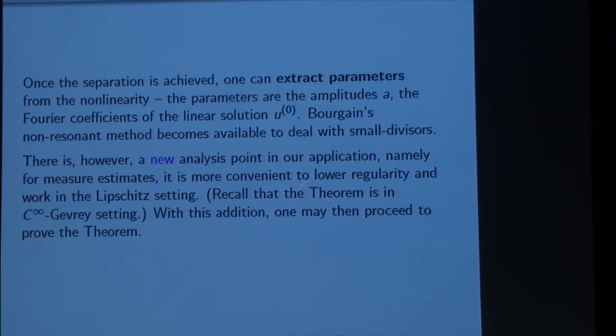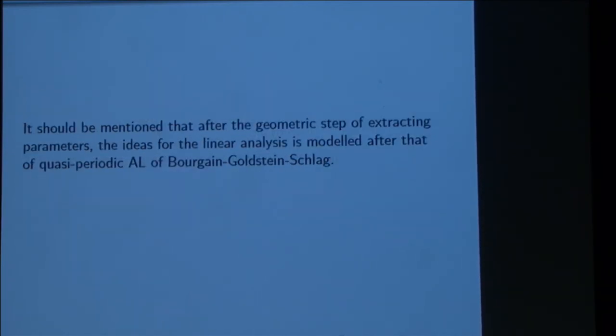And again, it's self-adjoint because you work with second order equations. This is the subtlety that I mentioned earlier. This is the nonlinear part. So Lipschitz setting is natural, and we are doing measure estimates, that's enough. There's no reason to go to higher regularity. I'm actually really almost done.